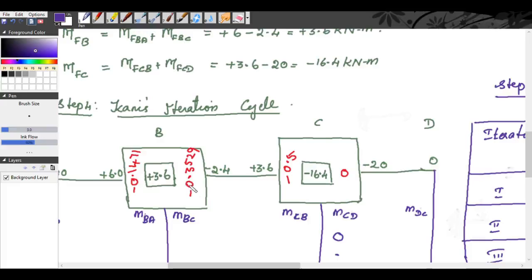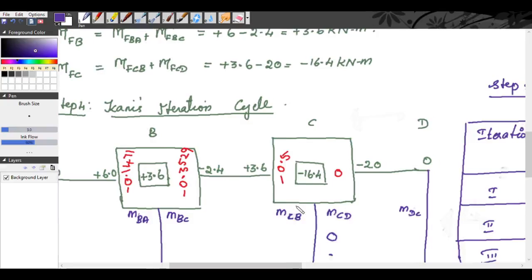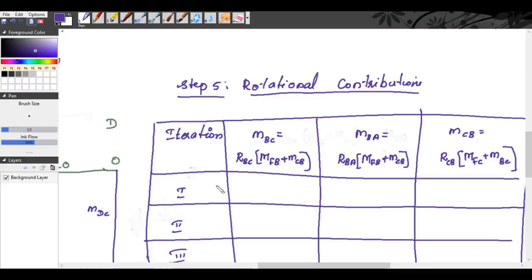RBC is minus 0.3529 multiplied by MFB, which is plus 3.6. Initially we will assume MCB is equal to 0 because we have not obtained MCB yet. So we get minus 1.270.